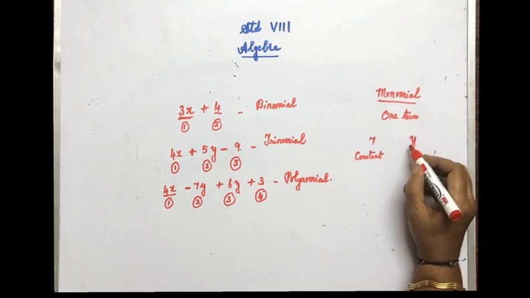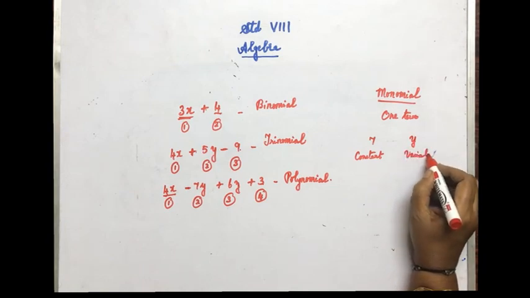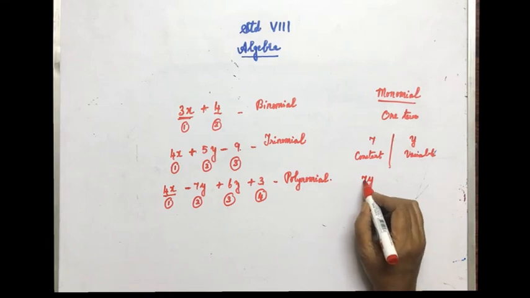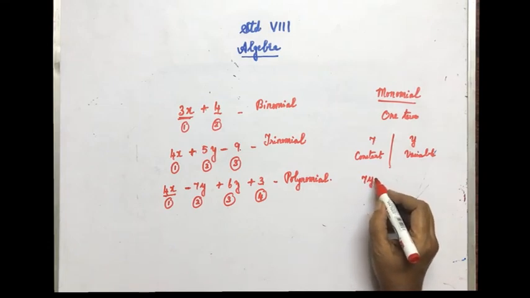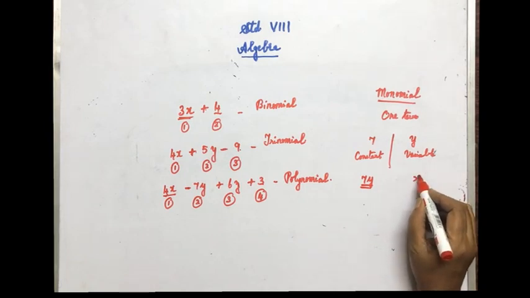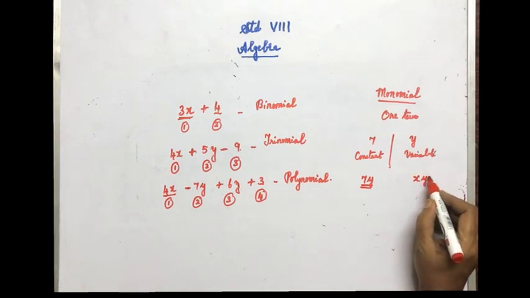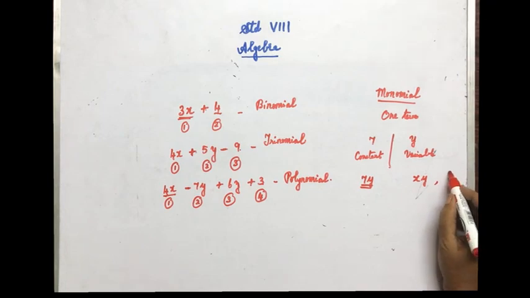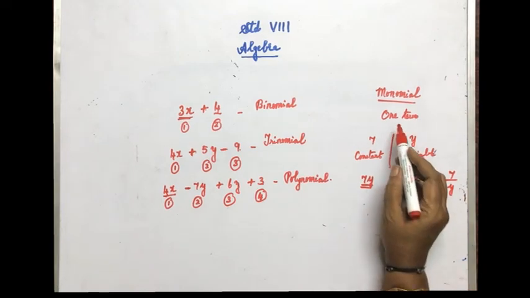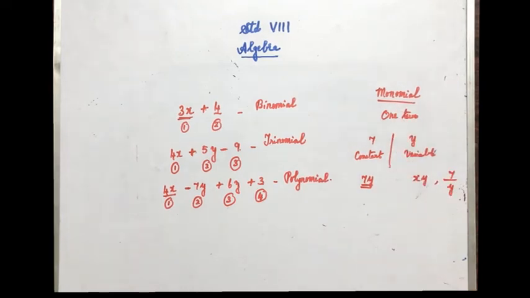Next y, a variable, again one term. If you write 7y, it is a product of constant and variable, but actually this is one term. And if you write xy, that is a product of 2 variables, or 7 by y, a quotient of constant and variable. So these are all examples of one term and we call it a monomial.